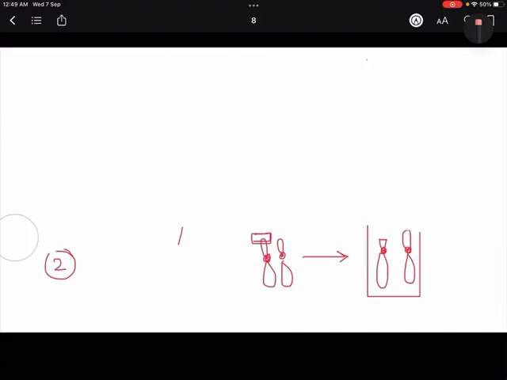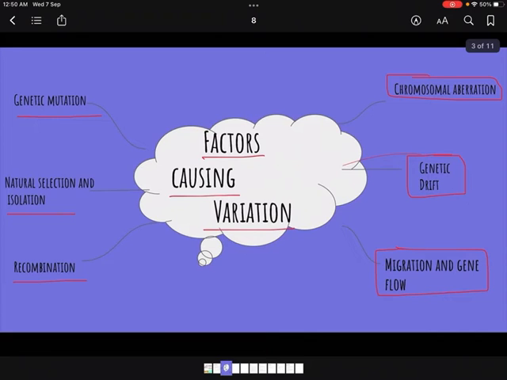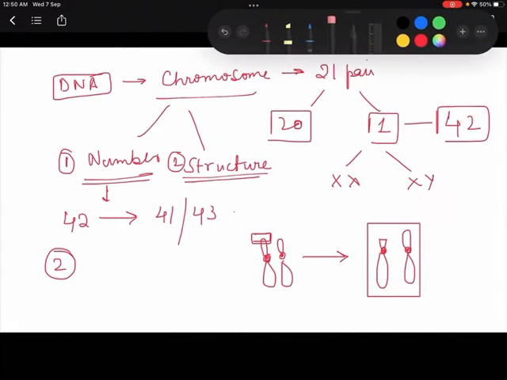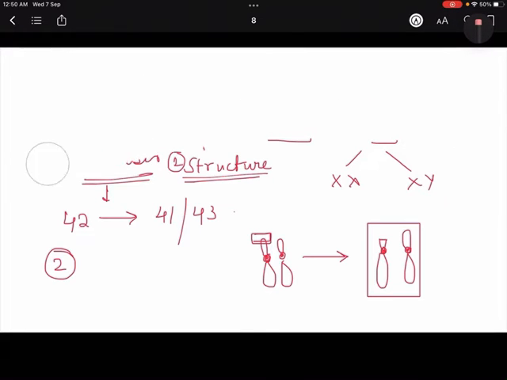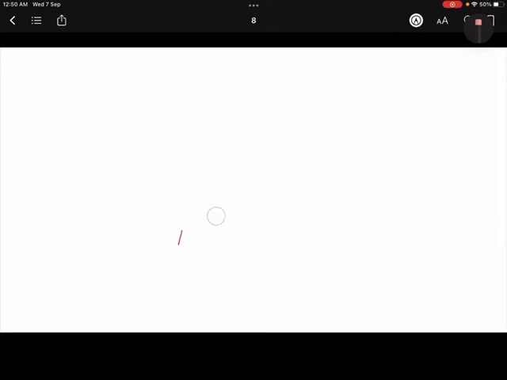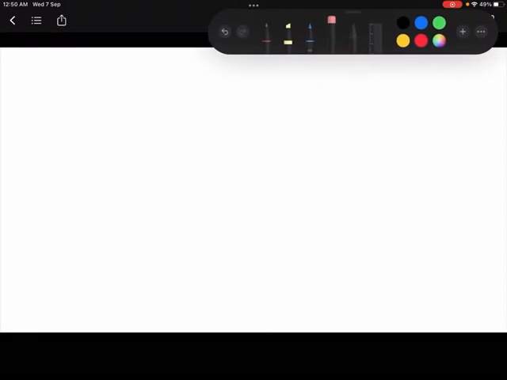First was the genetic mutation, second was chromosomal aberration, third is genetic drift. Now, what is genetic drift? Genetic drift is nothing but change in the gene frequency that occurs by chance.